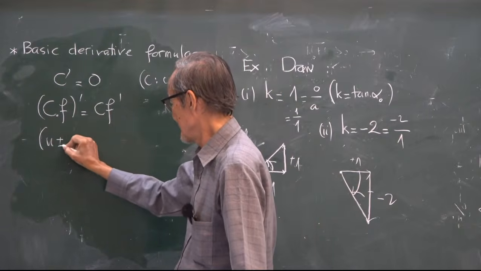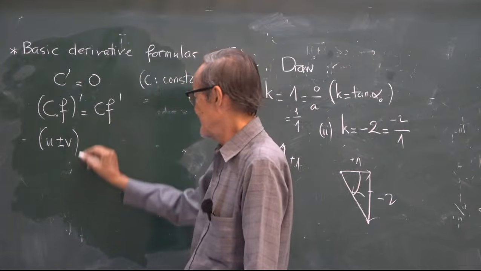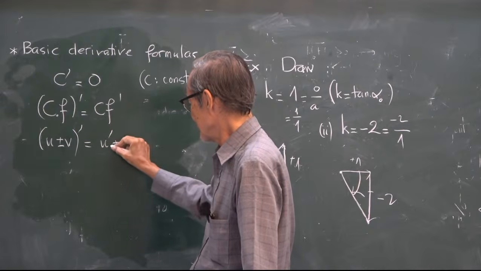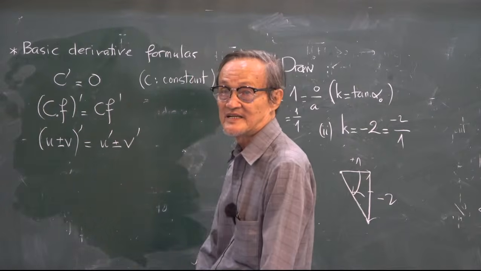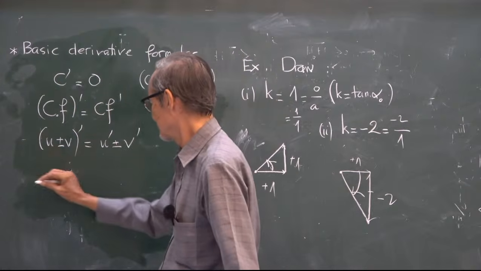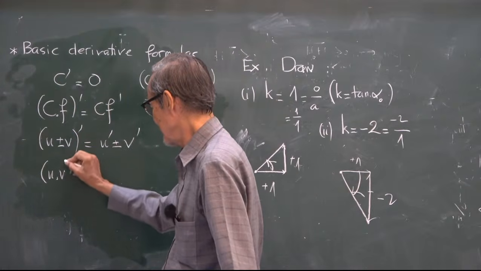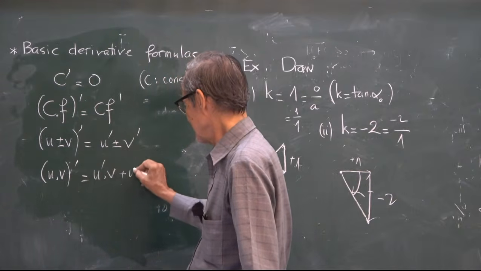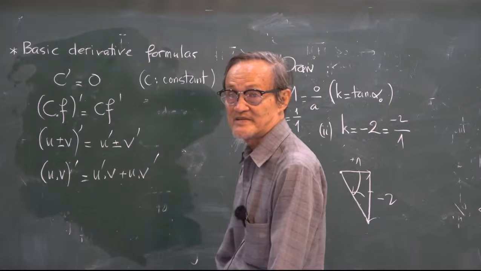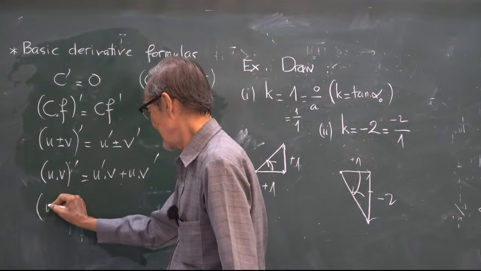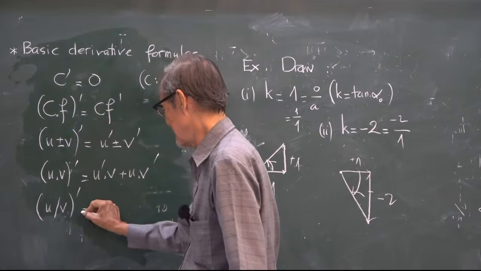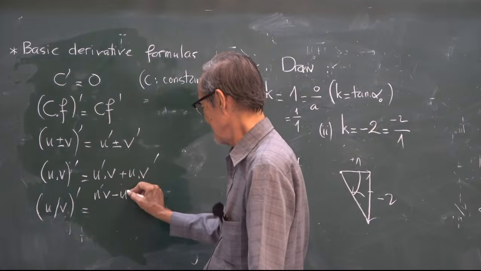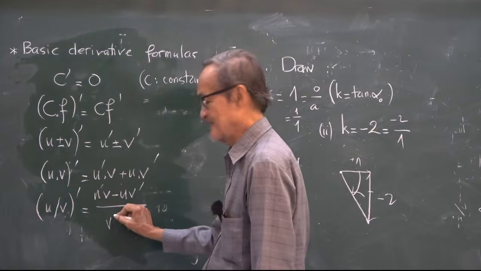U plus or minus V, prime, equals U prime plus or minus V prime. Okay. U V prime equals U prime V plus U V prime. And U over V prime equals U prime V minus U V prime over V square.